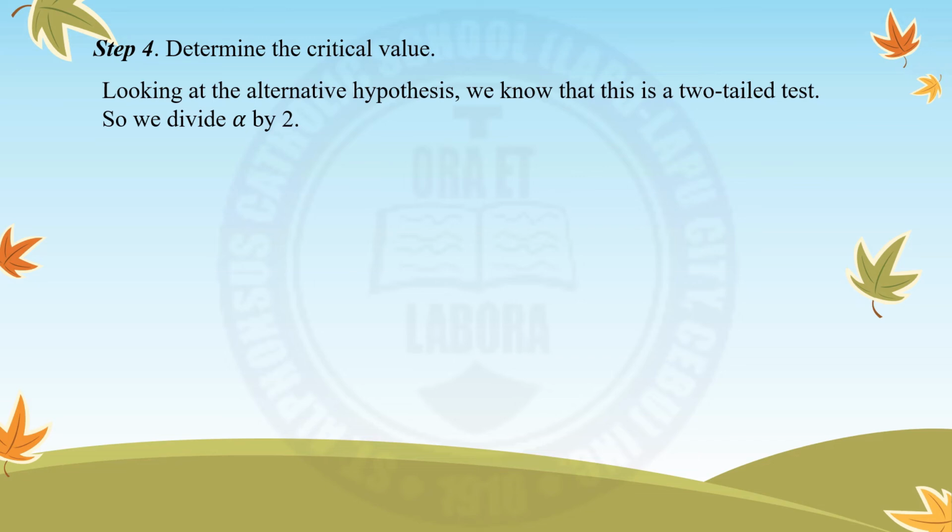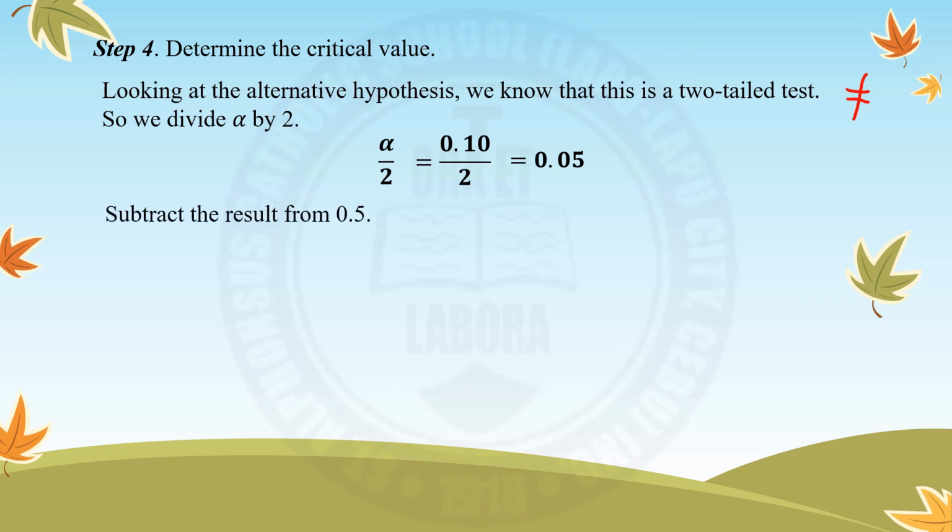Looking at the alternative hypothesis, we know that this is a two-tailed test because we use this symbol, which is not equal to, for our alternative hypothesis. So we divide alpha by 2, and this is the solution. 0.10 divided by 2, and that is equal to 0.05.